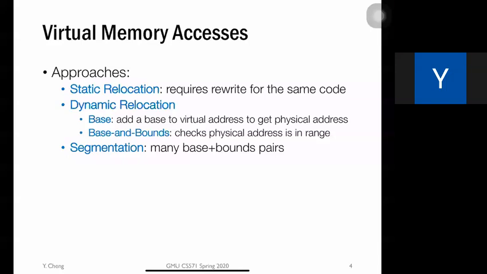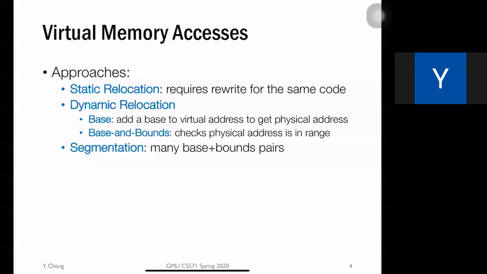And the second variant is called base and bounds, which is a slightly advanced version on top of the baseline case, which is base. In base and bounds, just as its name suggests, the operating system at runtime maintains one more piece of information. Besides the base address in the base register, it also maintains an upper bound, which is called the bounds address.